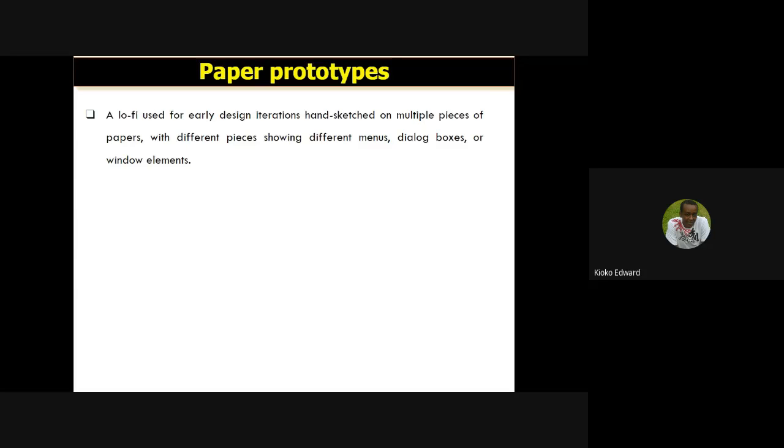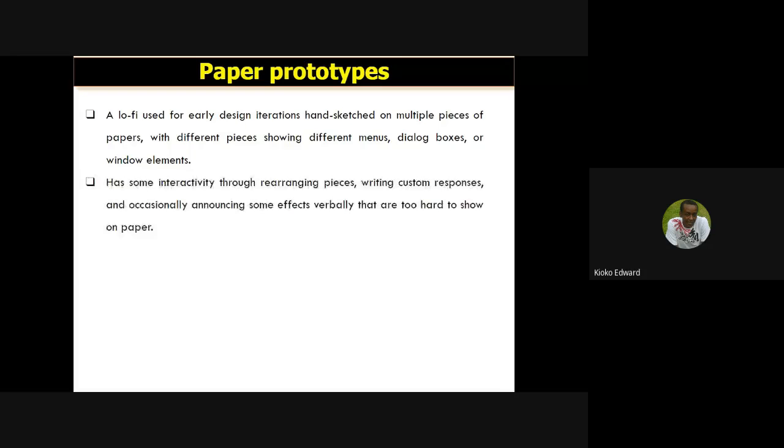And actually you can sketch how the system will look on multiple pieces of paper, or you can also do some kind of kindergarten work. You have different pieces of paper showing how the menu will look, how the dialogues will look, how the different window elements will look.